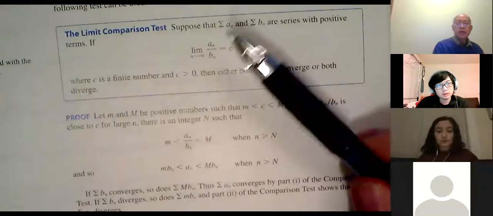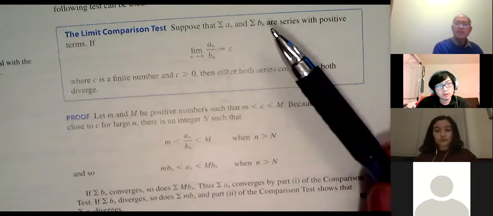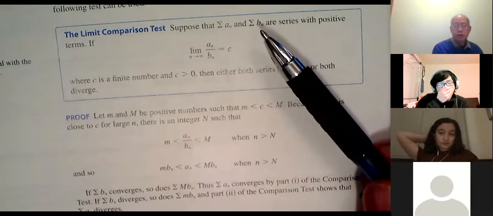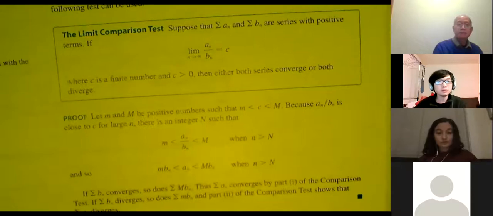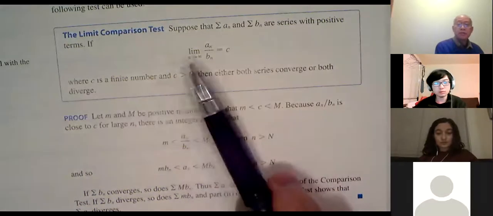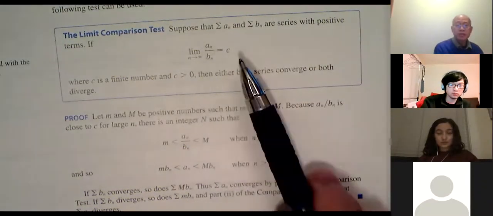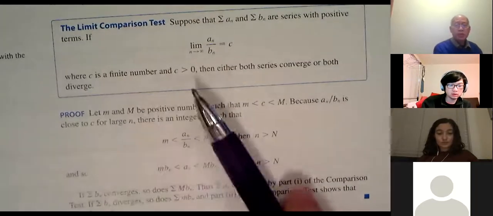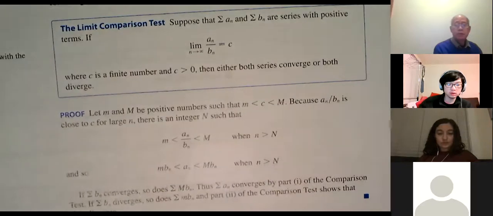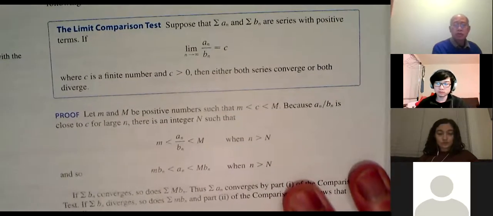The idea is that, can I compare the given series to another easier series, quote unquote, an easier series, and I know how to analyze the other series. Okay, if the limit as n approaches infinity of A sub n over B sub n is equal to C, where C is a finite number and bigger than 0, then either both series converge or both diverge.